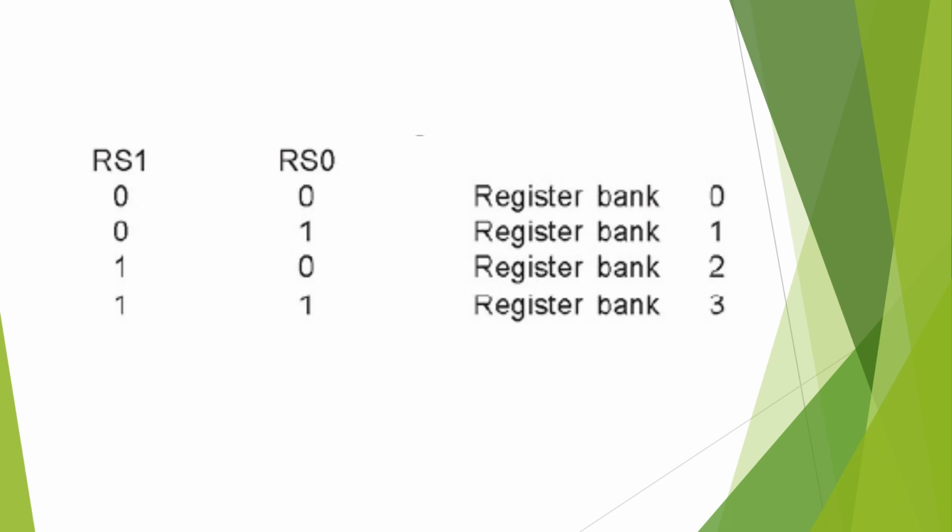So using the instructions, a programmer can set or reset the RS1 or RS0 bit of the PSW register, and they can select any one of the register banks available in the 8051. So we have discussed three registers of the 8051.